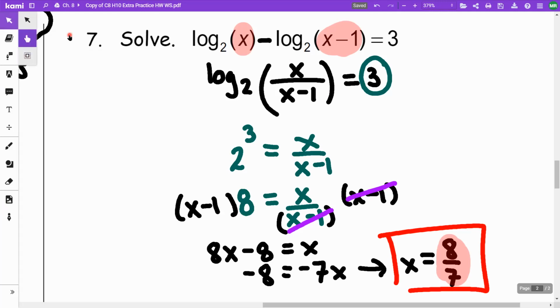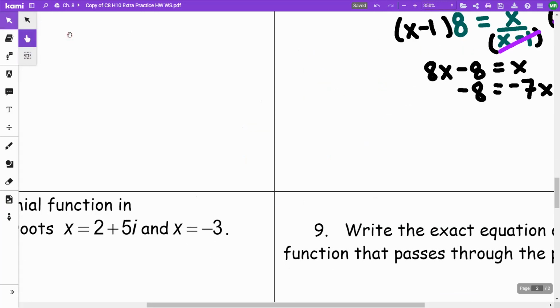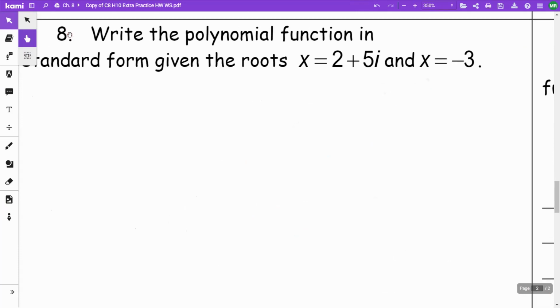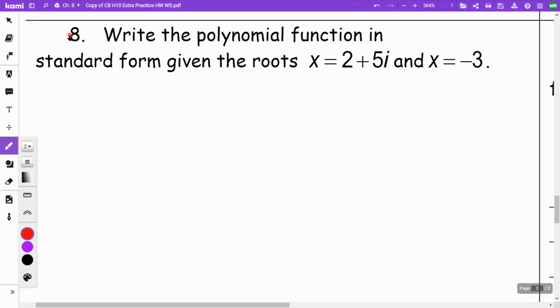On number 8. Okay, so we talked about this on the other worksheet: first off, standard form means we're going to multiply it out. If we have this imaginary root, remember they come in pairs because of the quadratic formula.